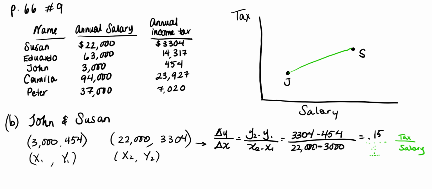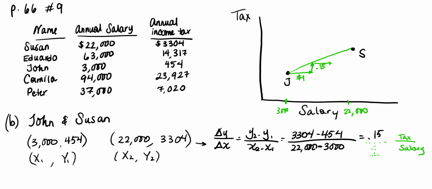Now it's important to keep in mind, something I did not mention last time actually, that this is the average association in the bracket of a salary from 3,000 to 22,000. So this is 3,000 here, this is 22,000 here. In this bracket, the average association is that if the salary increases $1, you have to pay 15 more cents in your income tax. That's what that slope means.